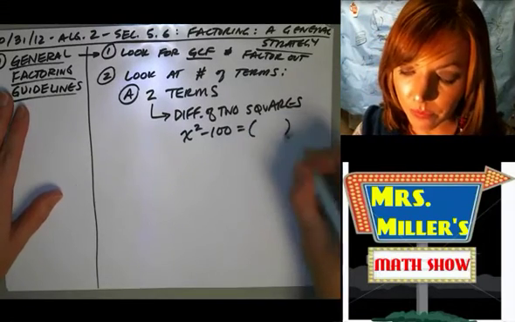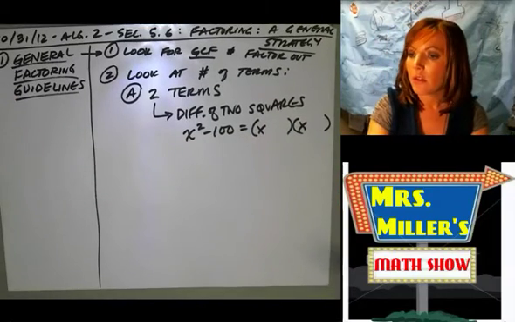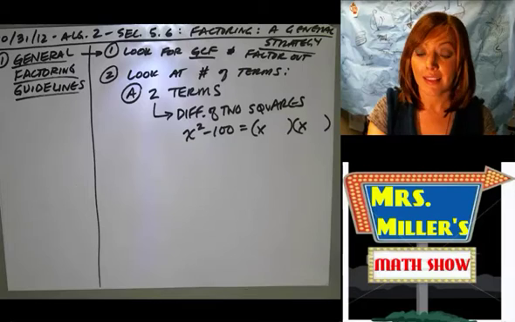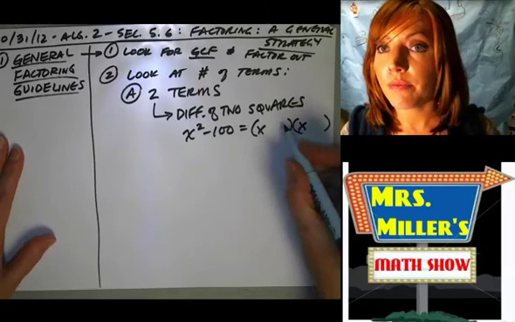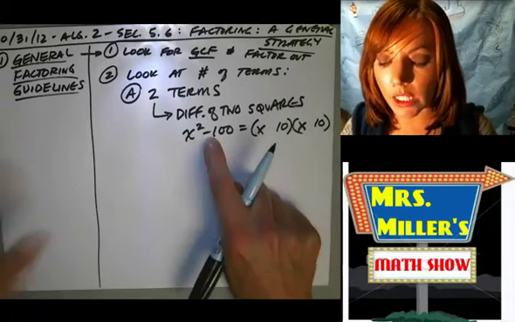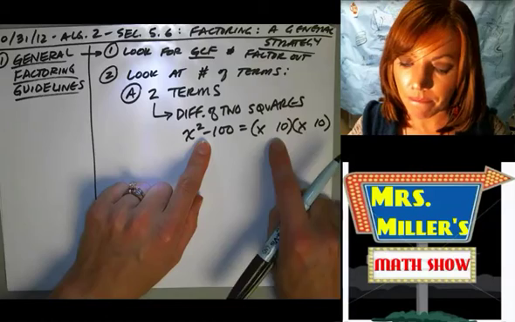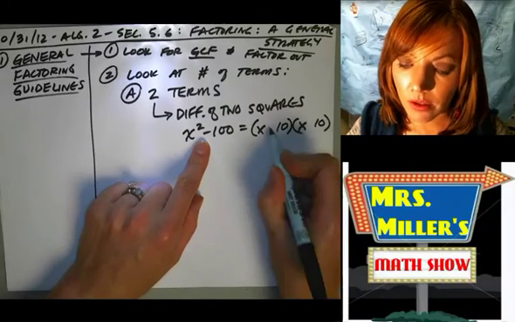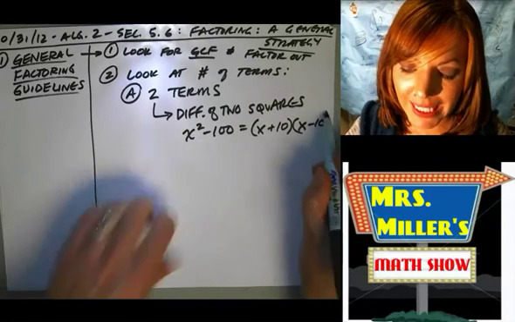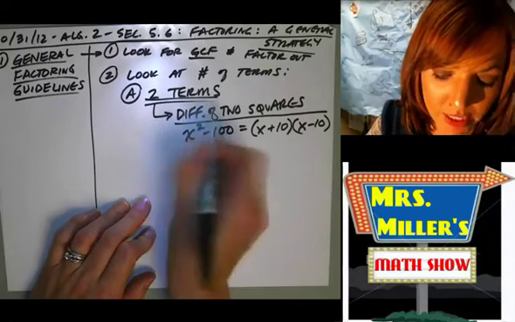So we have one x in one parentheses, one in the other. 10, good. And then what's the only way that we're able to get a negative when we multiply? Perfect. All right, everybody give it up for Alyssa. Okay, two terms. Next. So that's one of them.